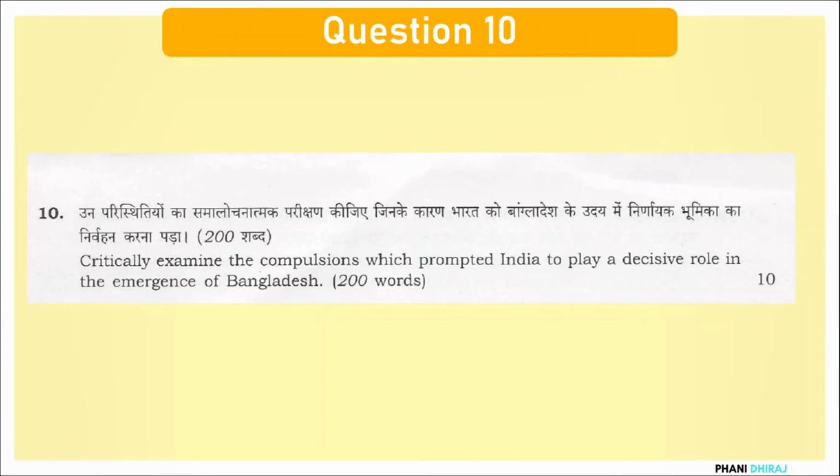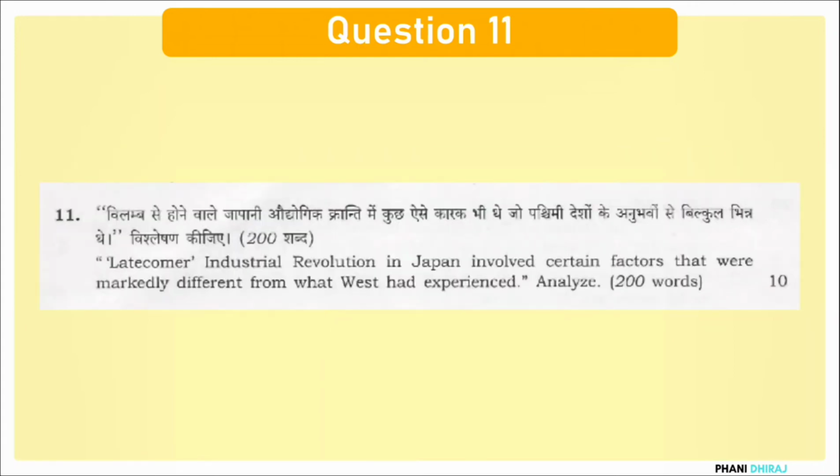Now moving on to the next question, that is question number 11. Let us read this question slowly. Latecomer industrial revolution in Japan involved certain factors that were marked differently from what the West was experiencing or experienced.